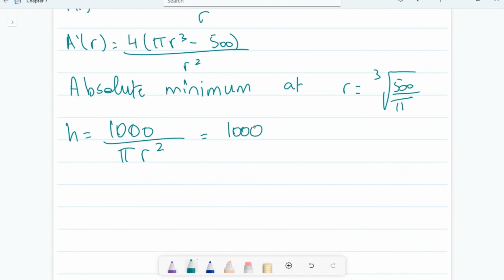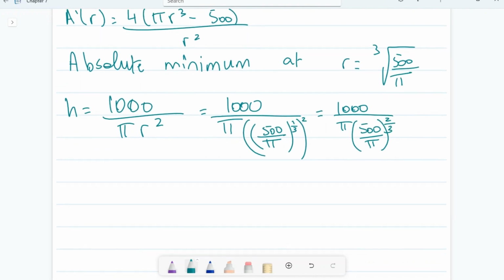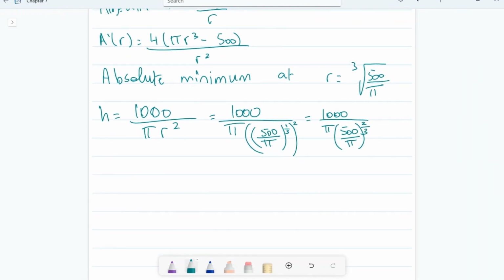This is 1000 divided by pi, and in here we plug in r. r is the cubic root of 500 divided by pi. We can write the cubic root as the power of 1 over 3, and all of this squared, which is 1000 divided by 500 over pi to the power of 2 over 3. You can leave it here. You can continue simplifying.